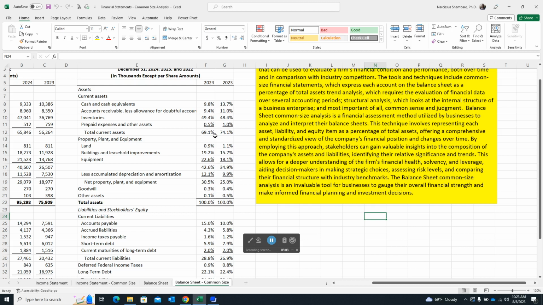But what is also important when you're looking at total current assets here, you also want to compare them with the total current liabilities, right, down here, because you want to make sure that you've got more current assets than total current liabilities, because this is what you use to pay off your debts, right? So you also want to make sure that you are liquid as an organization.